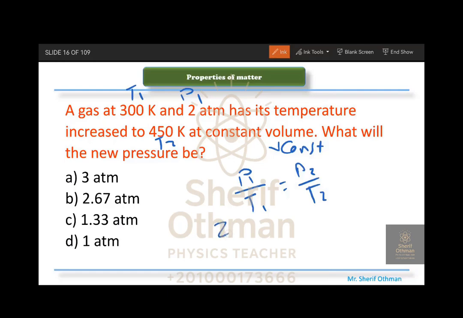P1 is equal to 2. T1 is equal to 300. While P2 is unknown, T2 is 450. So P2 will equal 450 times 2 divided by 300. The answer will be 3 atmospheric pressure.